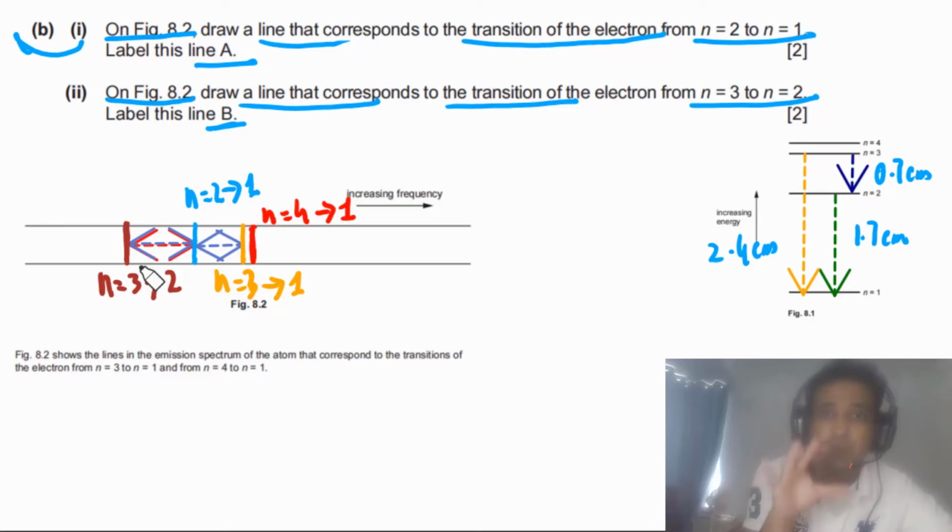If you're using A4 size paper, when you print, the size will also be different, but the ratio will be the same. This is also required. If this is not correct, you will lose marks. So this gap has to be greater.